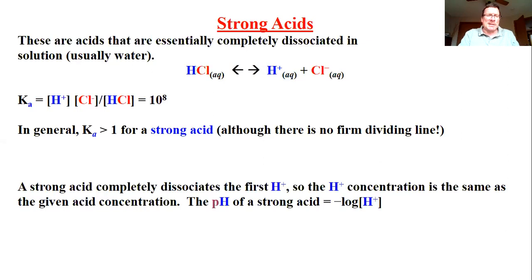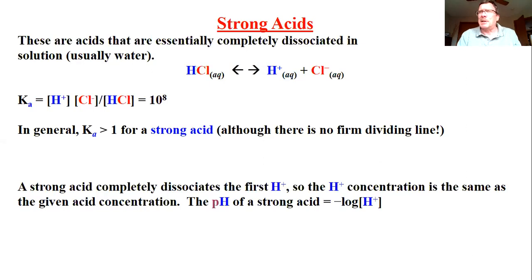So this is a strong acid because by the number 10 to the 8th, it's got a boatload of these in solution, the ions separated out, of which then you've got a whole lot of hydrogens to do acid work. And that's why I said anything over 1 is a strong acid. And really what they say then is completely dissociated. And so it's very easy.